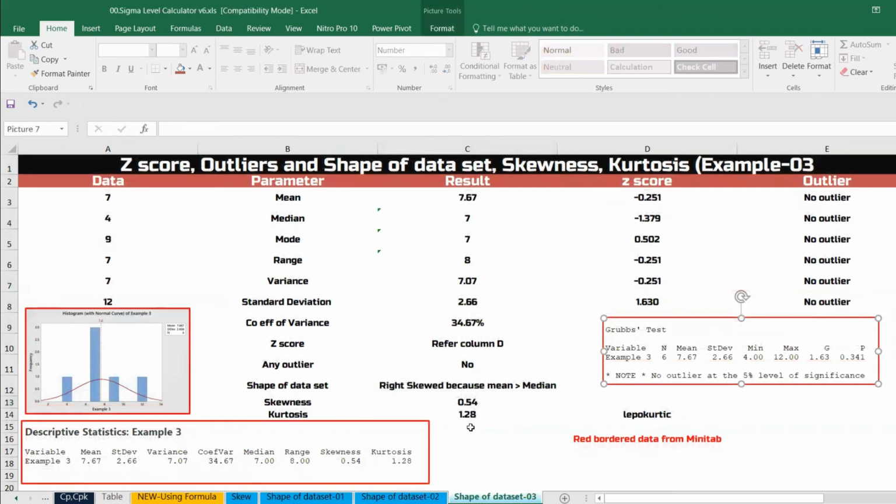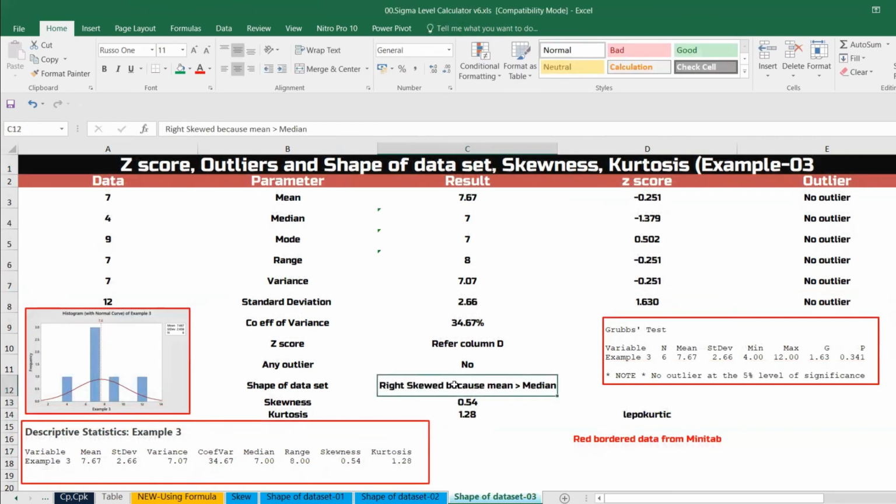The last example was positive skewed or right skewed, where the mean value is greater than the median. In other words, the skewness value you will get is 0.54, a positive value. That means we can conclude that it is positively skewed.